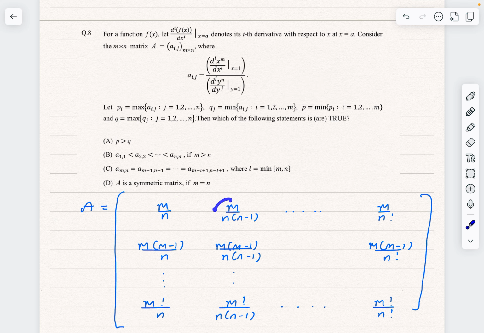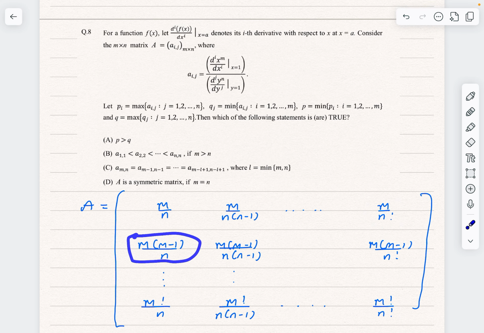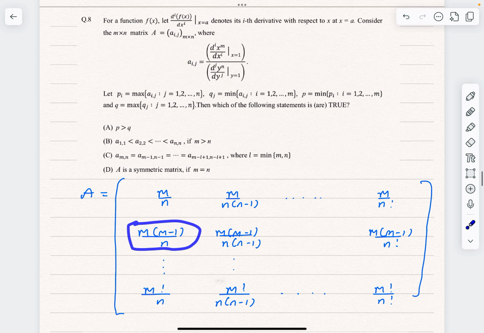Okay, to find a1 comma 2, so in numerator will be m, so this x bar m you differentiate one time, the denominator differentiate two times. So this is same pattern we keep on going. So m by n into n minus 1, then 3 time differentiation in the denominator, finally get m by n factorial. If you do a2 comma 1, so in the numerator we differentiate twice, denominator will be one time.